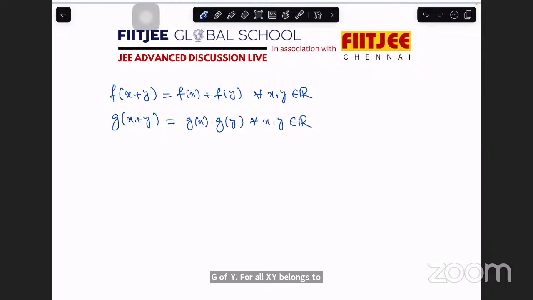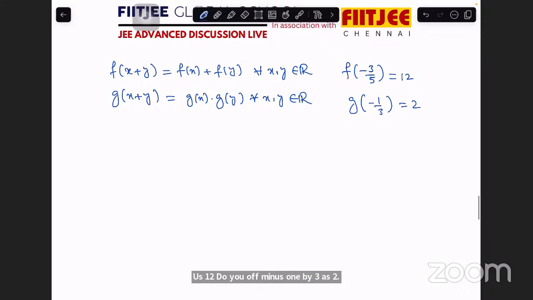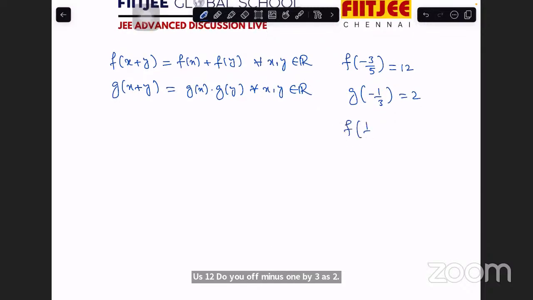Now they have given f of minus 3 by 5 as 12, g of minus 1 by 3 as 2. They're asking us to find f of 1 by 4 plus g of minus 2 times g of 0.